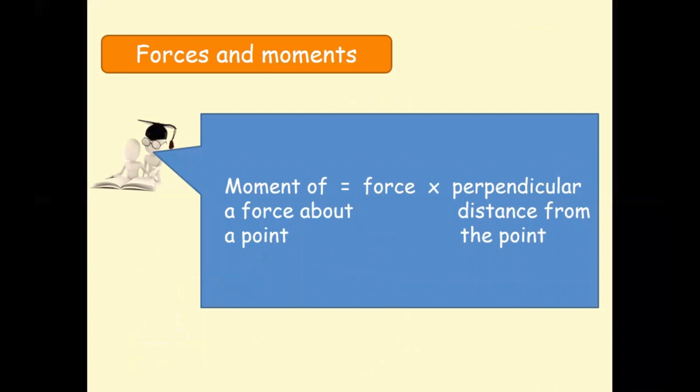And the formula for the moment is force multiplied by perpendicular distance from the point. So we can say that the moment of a force, or torque, is the product of the force and the perpendicular distance from the pivot to the line of action of the force.